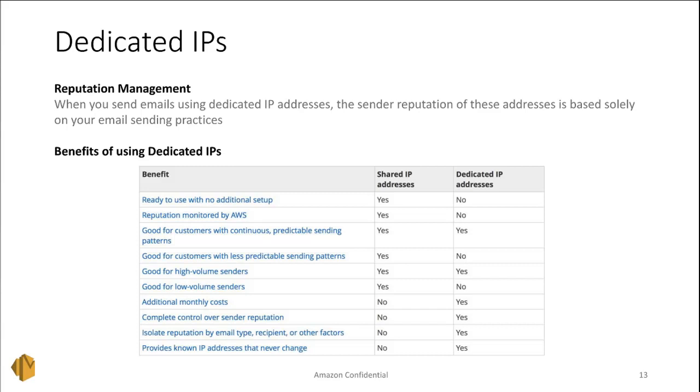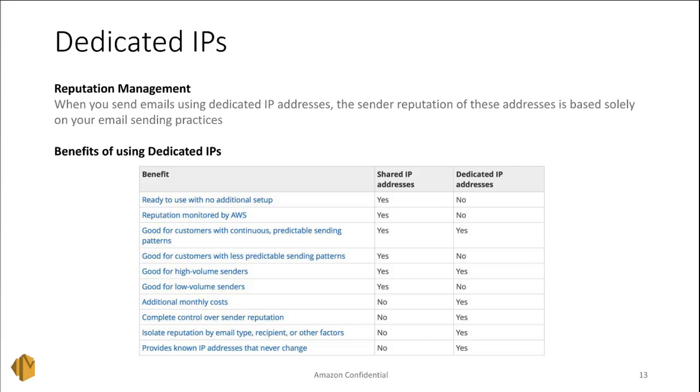If it gets blacklisted by Spamhaus or one of those leading spam reporting agencies, then you will have to work with them to remove that blacklisting of your IPs. If you run into trouble, we will help you, but we expect you to manage your own IP reputation.